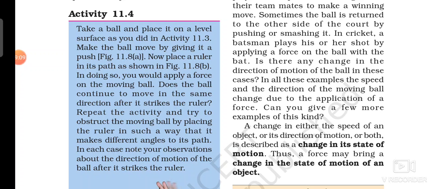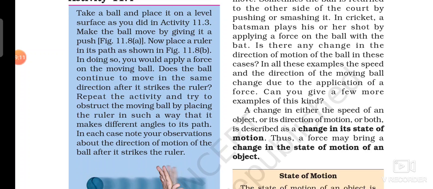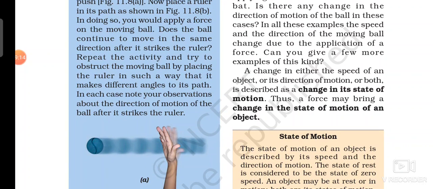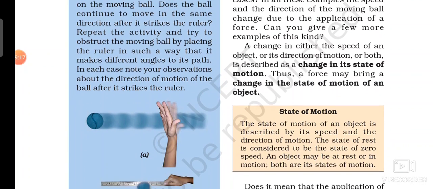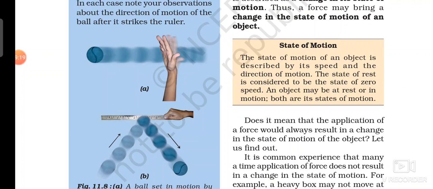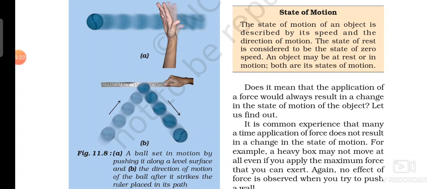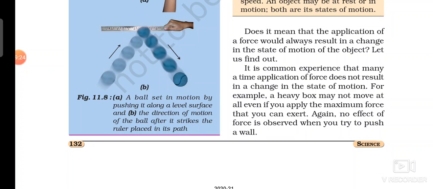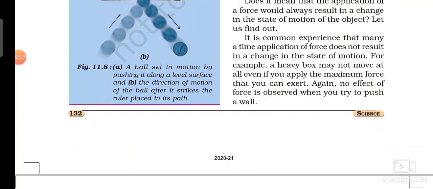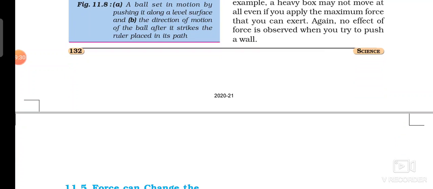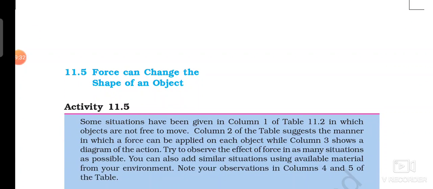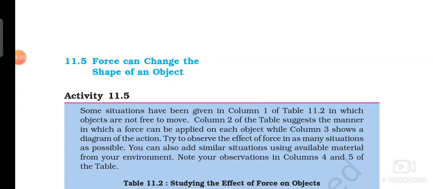Then the next effect of force is it changes the shape and size of the object. For example, we can take an example of spring. By pulling that spring from both the ends, the size of that spring will be changed, right? Then we can take the example of dough. अगर आपने डो बनाया है, फॉर एग्जाम्पल टू मेक चपातीस, by applying force on it you can change the shape of that dough, right?